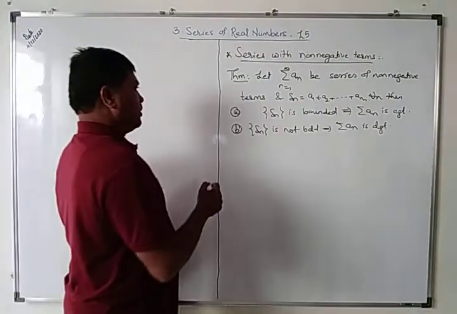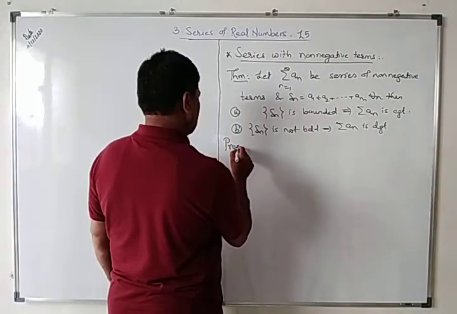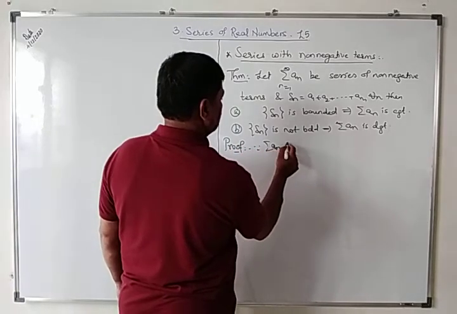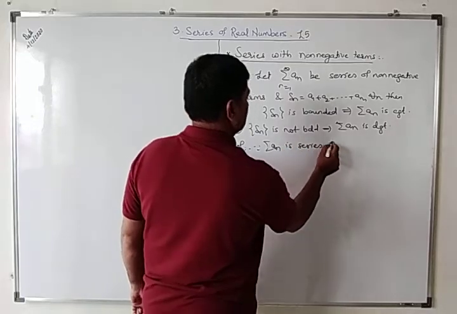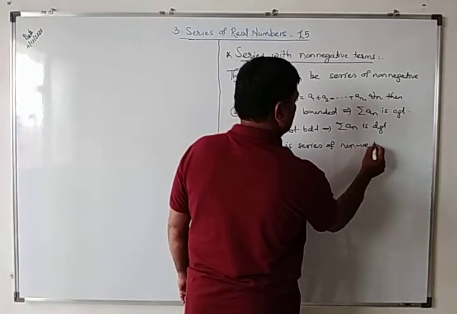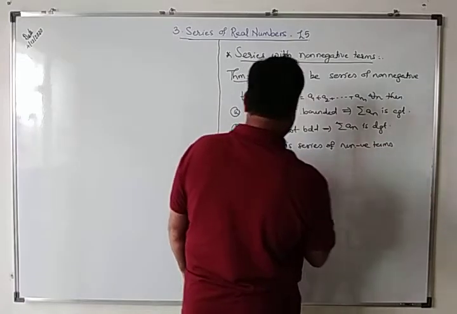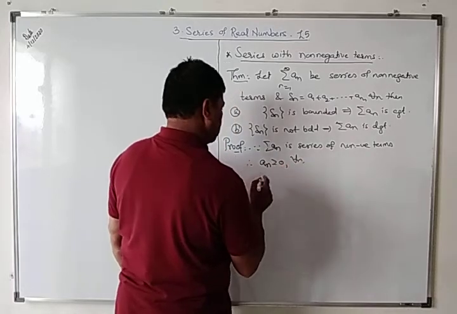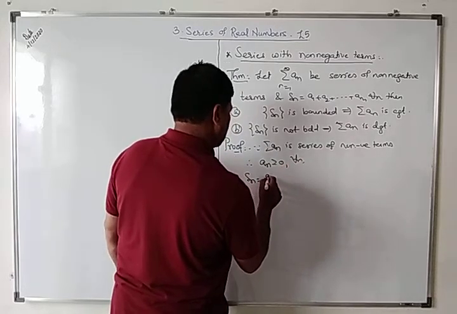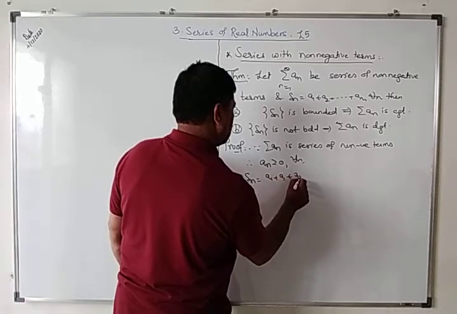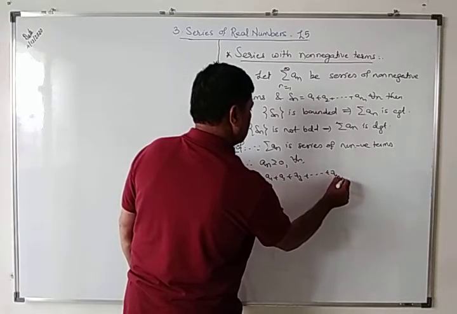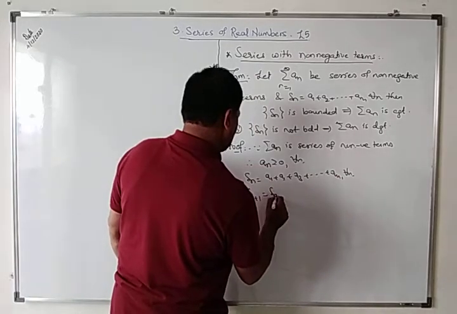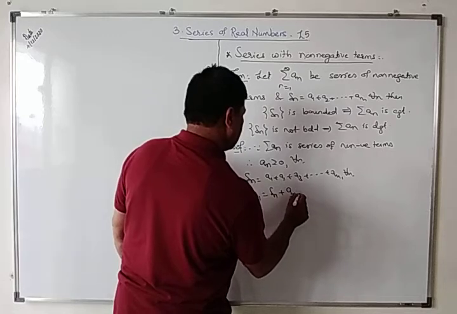Okay, so proof: since summation a_n is a series of non-negative terms, therefore a_n is greater than or equal to 0 for all n. S_n is equal to a1 plus a2 plus ... up to an for every n, which implies S_(n+1) is equal to S_n plus a_(n+1).